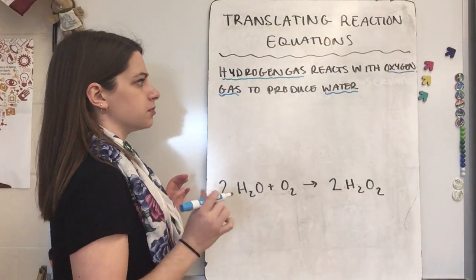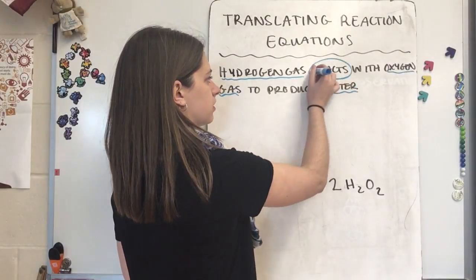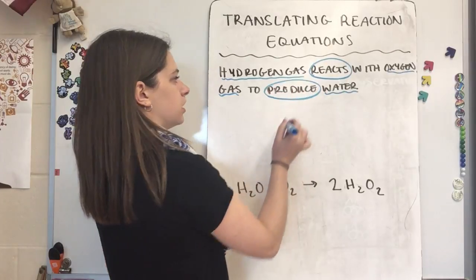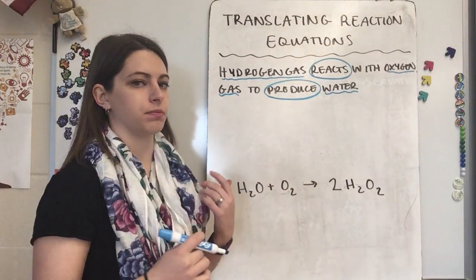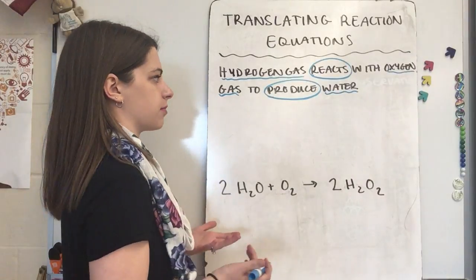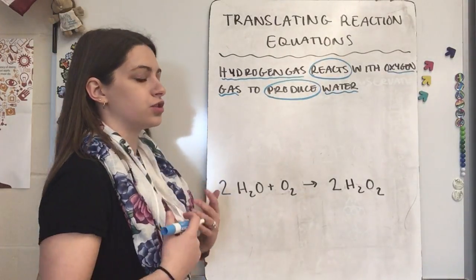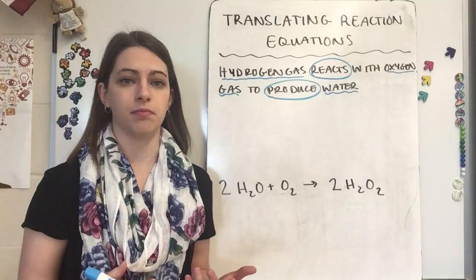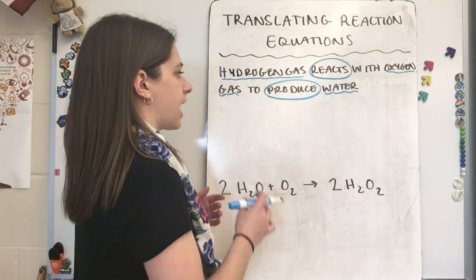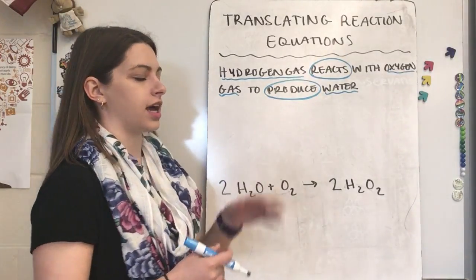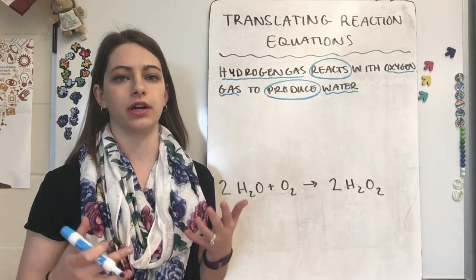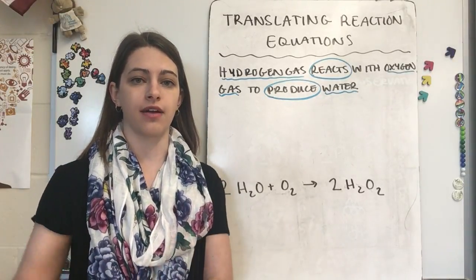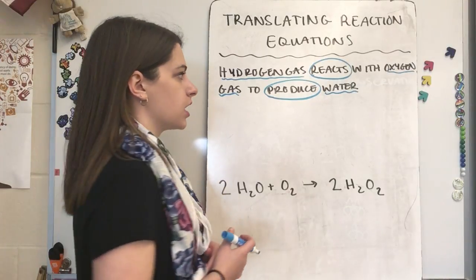And then my verbs, I have reacts with, and I have to produce. So reacts with is going to be my plus sign, so that's telling me what's happening on my reactant side. The to produce is going to be my arrow. So anything that's along the lines of to produce or creates or forms, that's going to tell you where your arrow goes, and then what comes after it, those are your products.